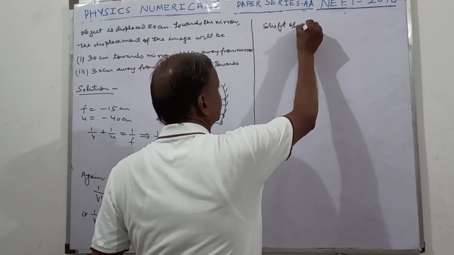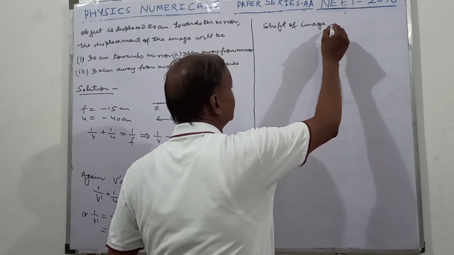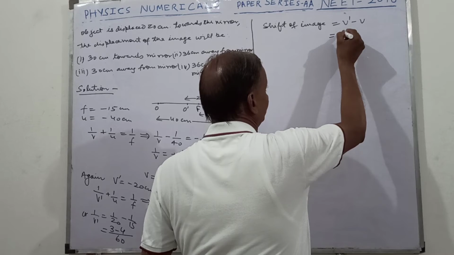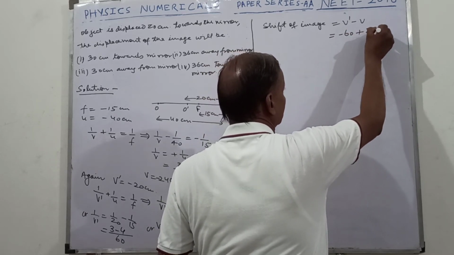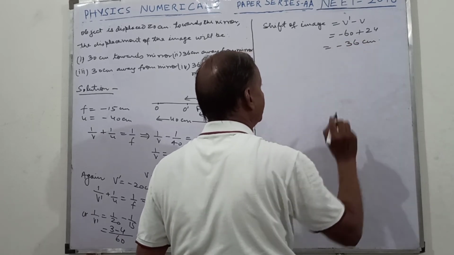Shift of image equal to v dash minus v. v dash equal to minus 60 minus, so this is now plus 24, so this is your minus 36 centimeters.